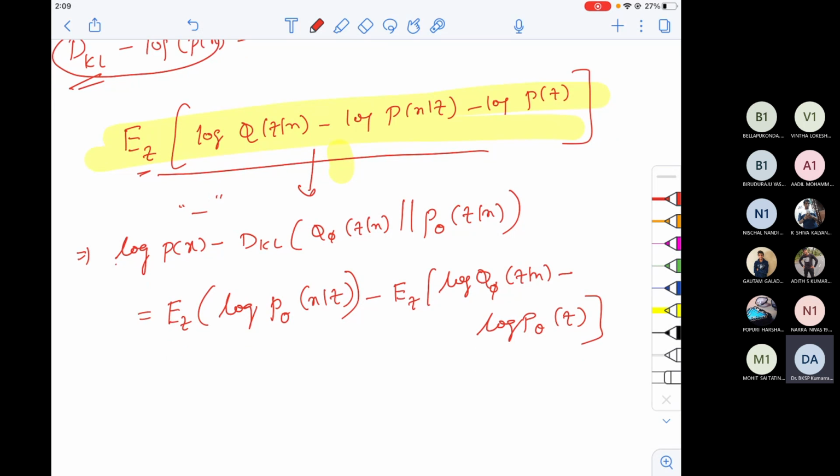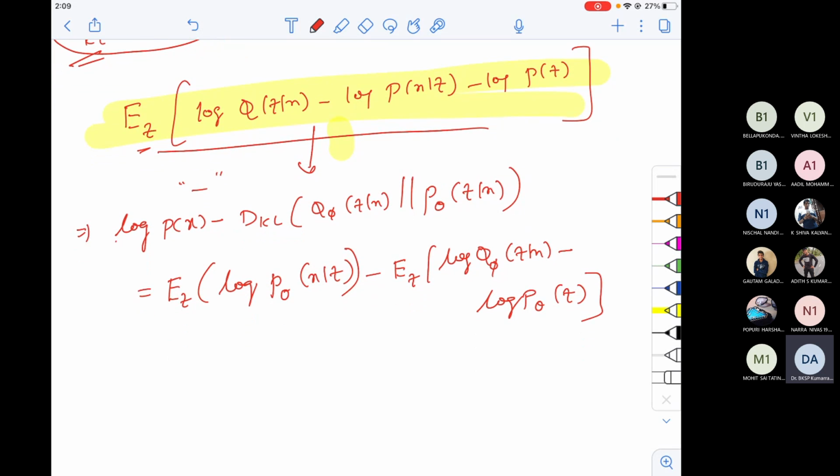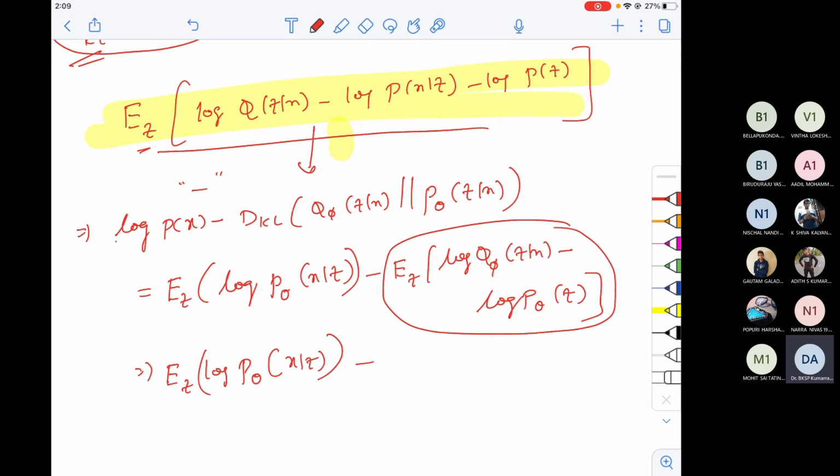The first term, Ez log of P theta x given z, I'm writing as it is. And this second part is basically again a KL divergence, dKL of Q phi z given x to P of z.